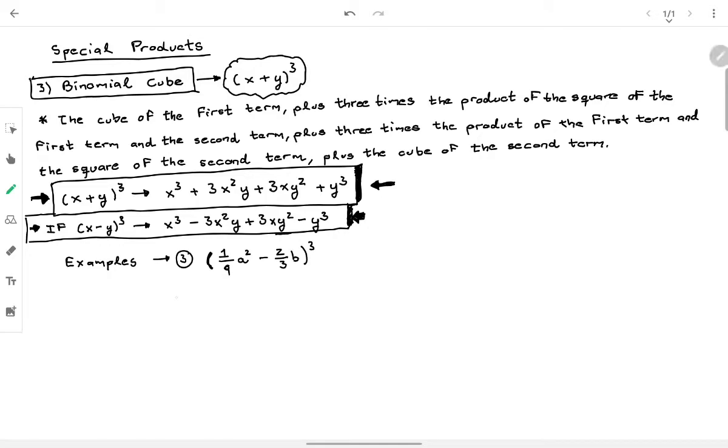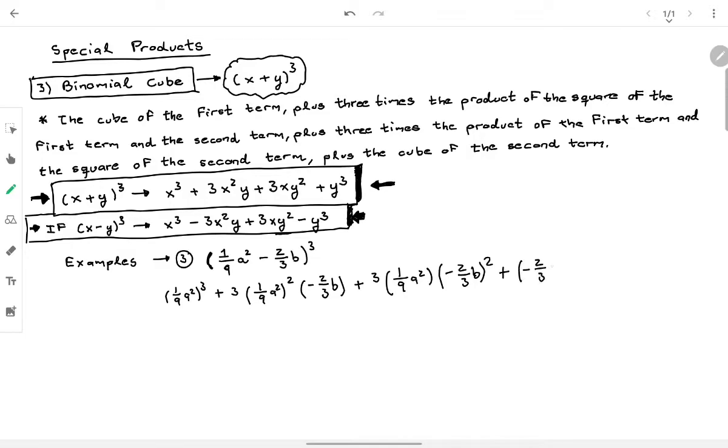So the rule says the first term to the third power plus 3 times the first term to the second power multiplied by the second term plus 3 times the first term multiplied by the square of the second term plus the second term cubed.